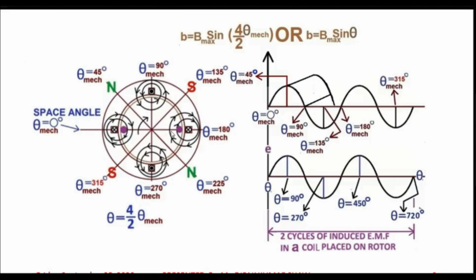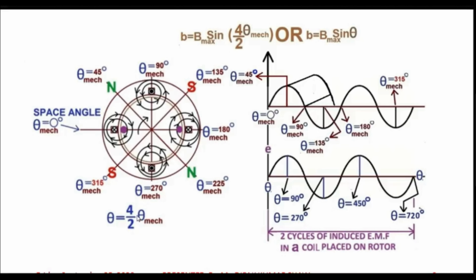Let me tell you one thing: for this particular diagram, it would be easy to find that the relationship between electrical and mechanical degree is given by theta equals 4 by 2 into theta mechanical. Now you see this is a 4 pole case, that's why it is written as 4 by 2 into theta mechanical.